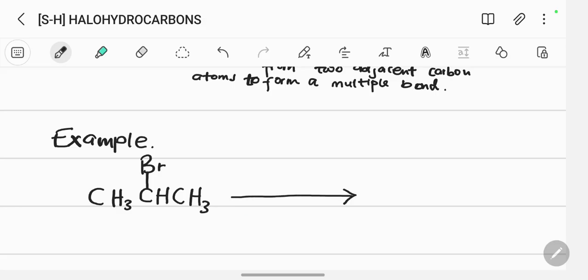So this one is having potassium hydroxide and ethanol, and you heat. What do we form?